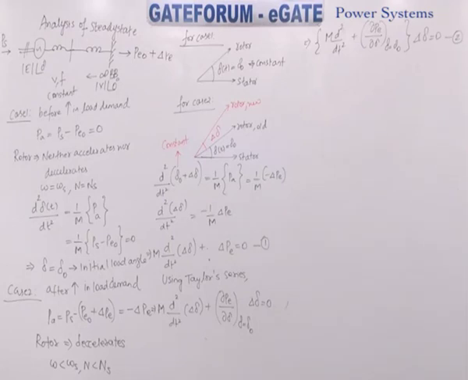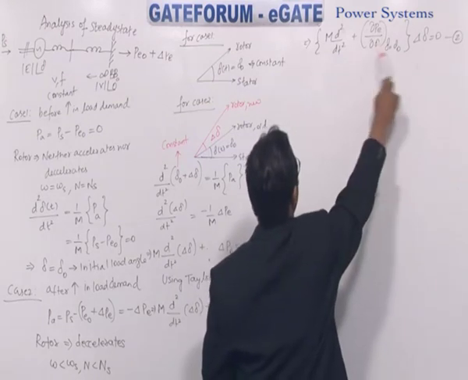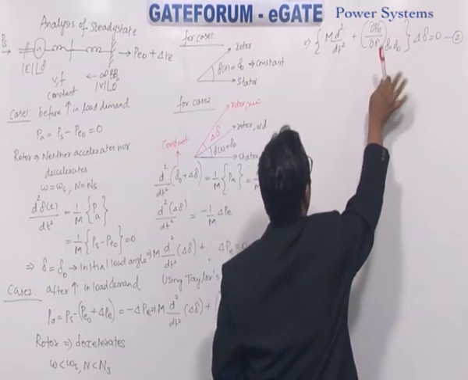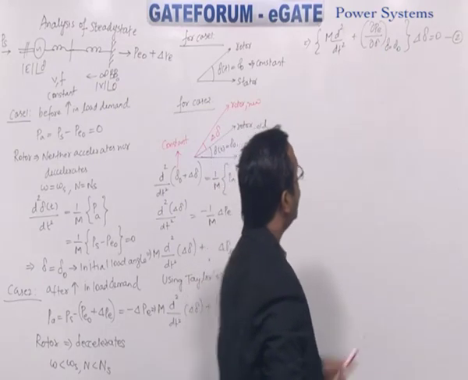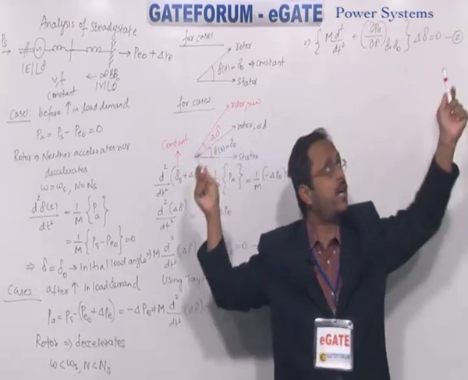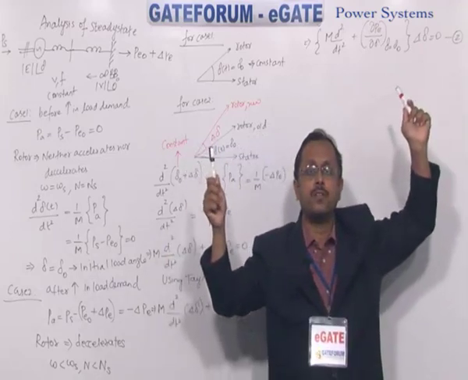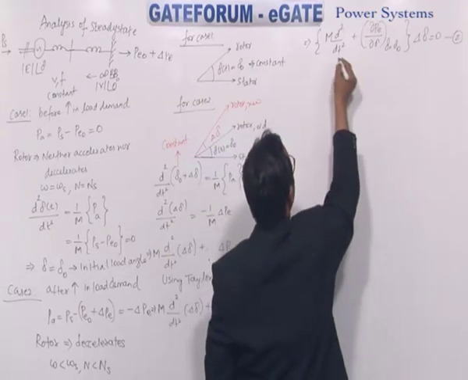Now how to satisfy this equation 2? You are having the product of two terms. One should be definitely 0. Now is this Δδ here not equal to 0? So the only option left out is satisfying equation 2.